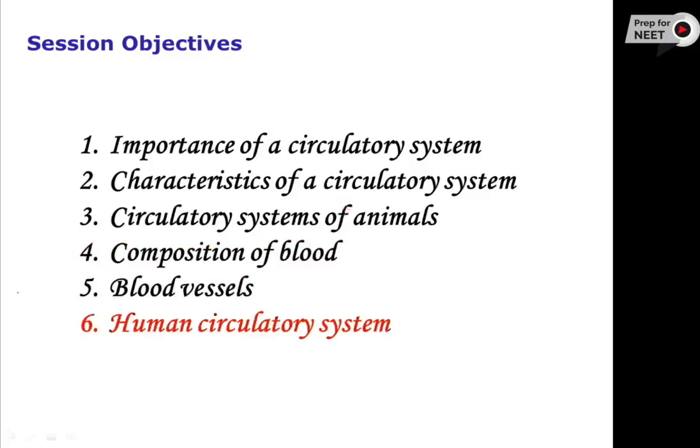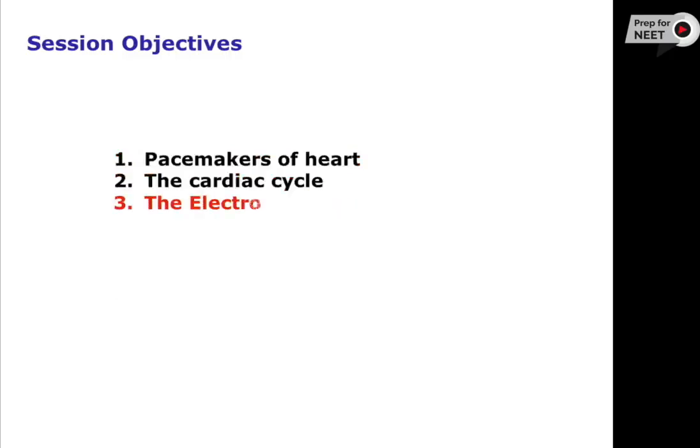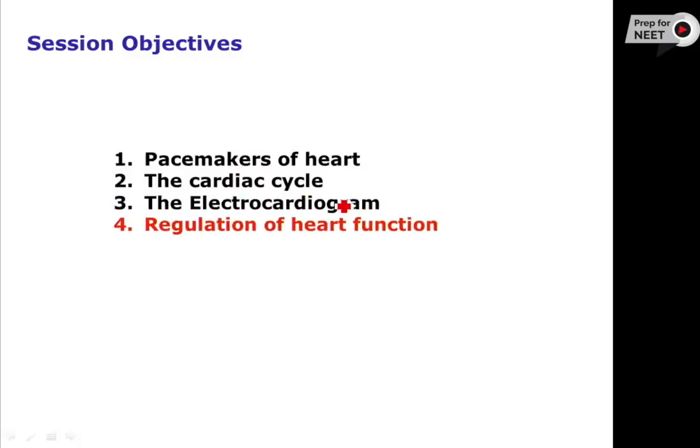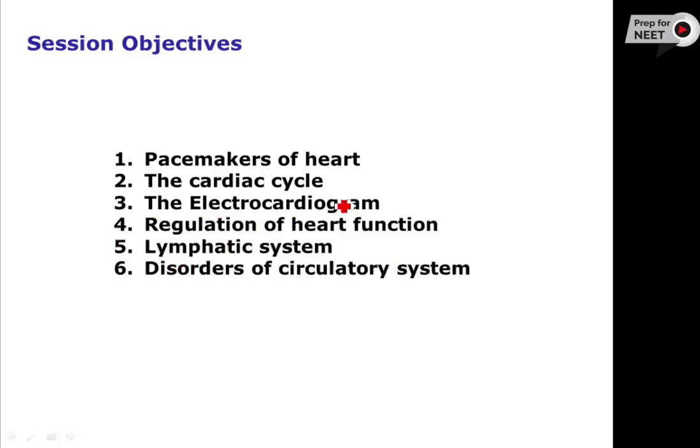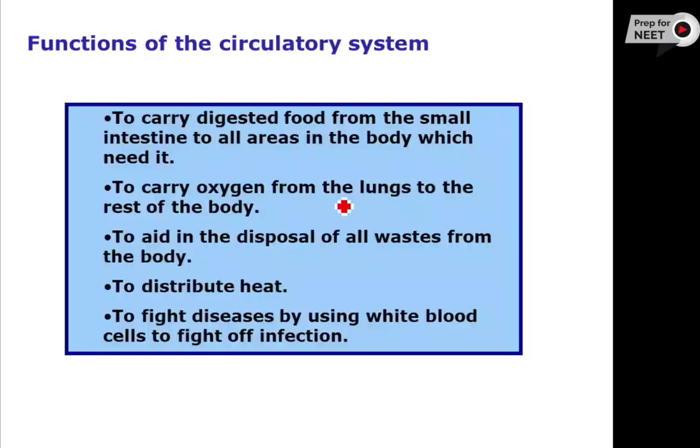We will also learn about the pacemakers of the heart, the cardiac cycle, the electrocardiogram, the regulation of heart function, the lymphatic system, and the disorders of the circulatory system.